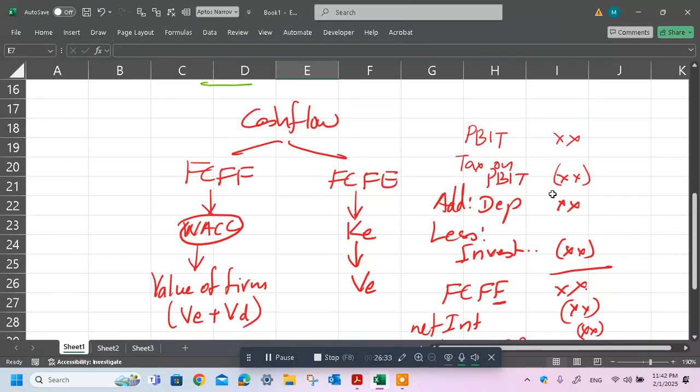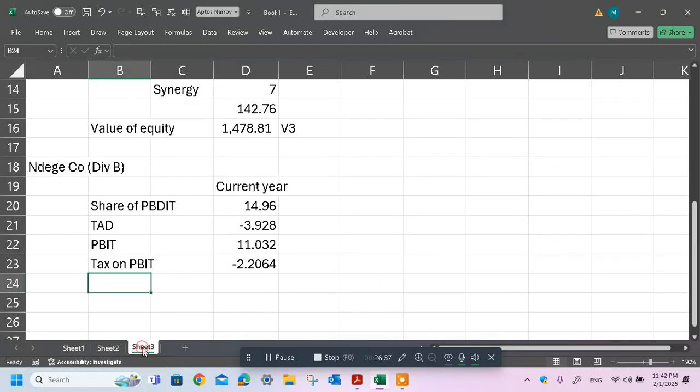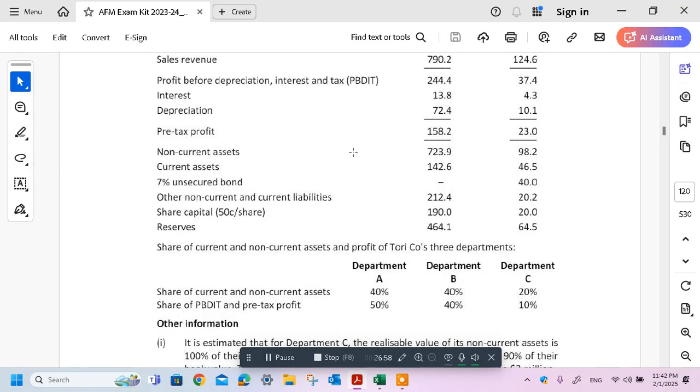Then you add back the depreciation and subtract the investment. So you add back the depreciation. Again, tax allowable depreciation, let's add it back. What you already subtracted, let's add it. The minus, if I put it, will become plus. Added. Investment. There was a point about investment. I'll tell you what.